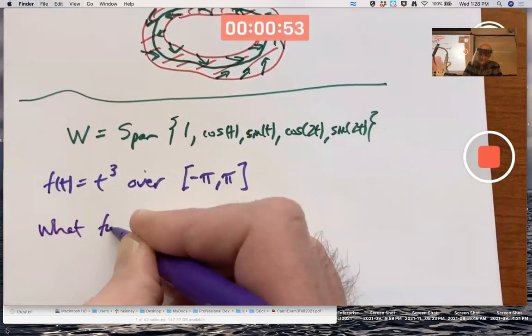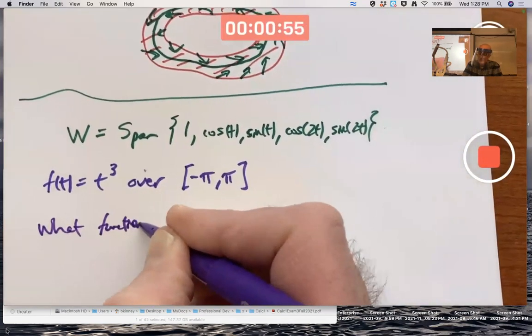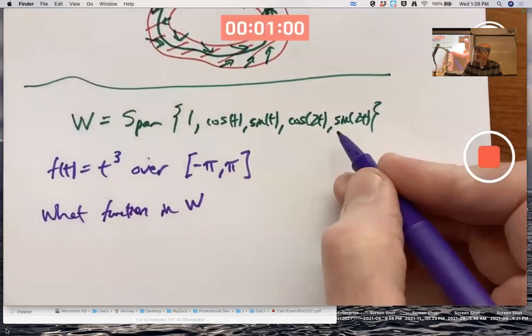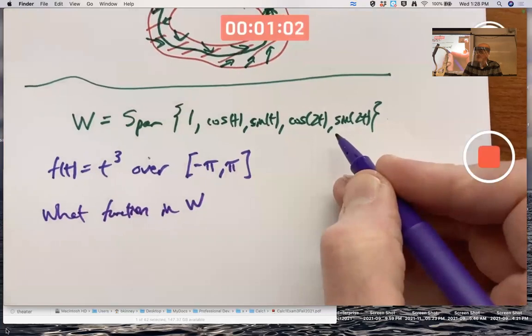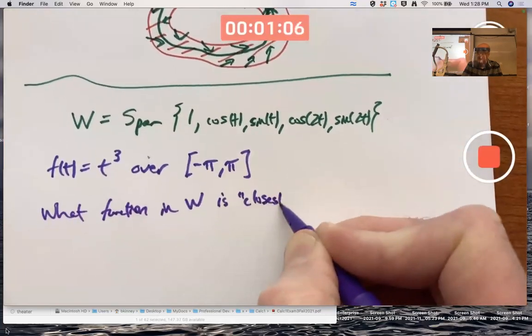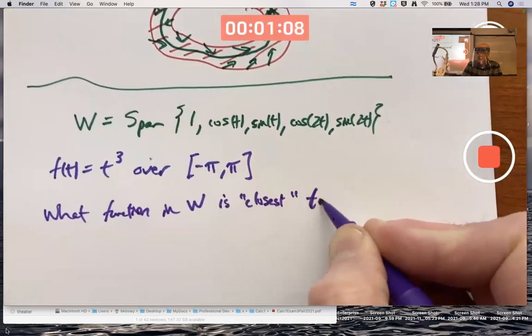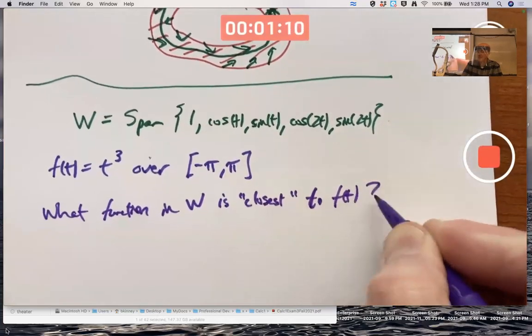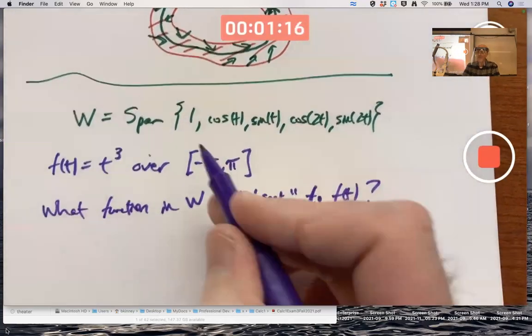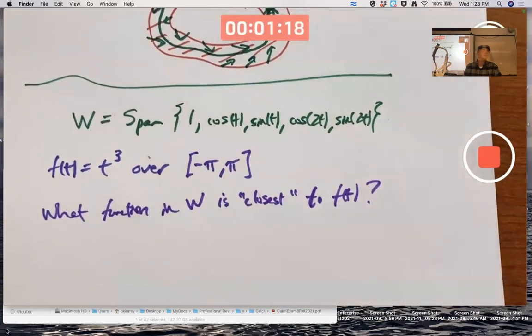What function in W, what linear combination of these functions, is somehow closest to f of t? That's the thing you're trying to answer. You're trying to approximate f of t equals t cubed with some linear combination of these, at least over the interval from negative pi to pi.